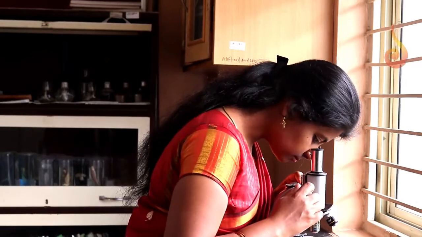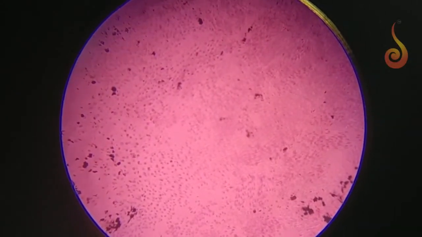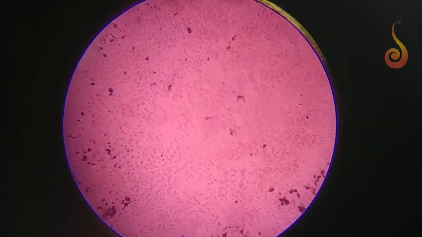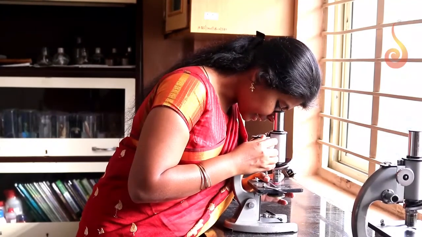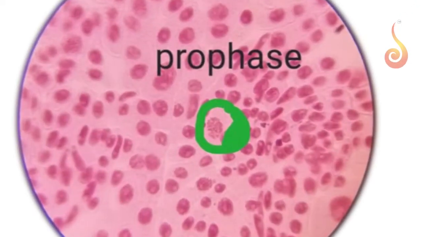Only thing, I am going to raise the fine adjustment and then change the objective to 40x and focus it now. Okay, now under 40x I could see the dividing cells, and more common prophase cells are seen.